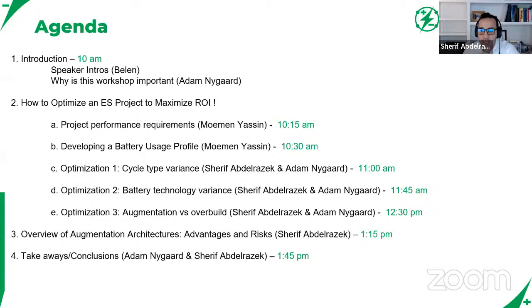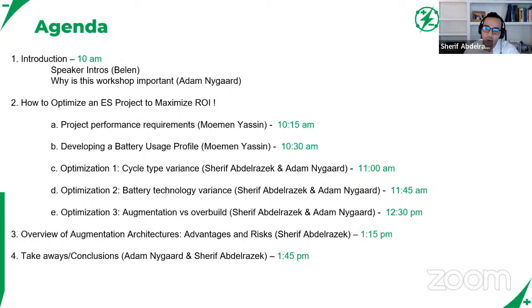Then finally, we'll go through the very mundane question of: do we augment a project or do we design it to be an overbuild project? And what affects our decision there? We're going to approach it from an economic perspective in optimization 3. Then in section 3, we're going to go over the risks and rewards of different augmentation and overbuild strategies.